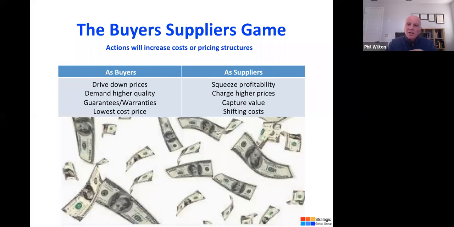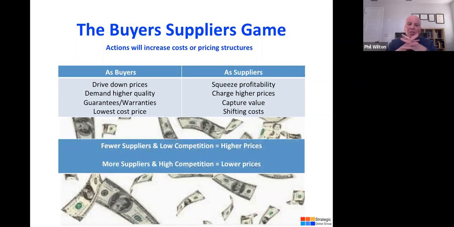But it comes down to basic economics. The fewer suppliers there are, the lower the competition and the higher the prices. And again, it works both ways. The more suppliers there are, the higher the competition and the lower the prices. That's why I put the buyers and suppliers as internal, because it will be driven from within your organization.